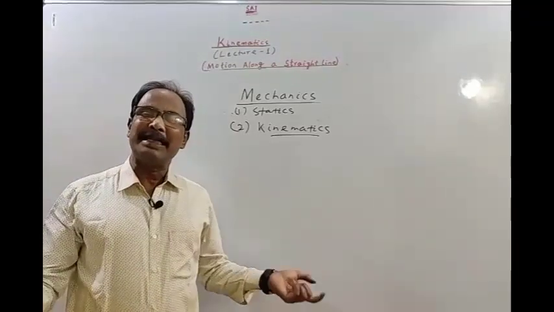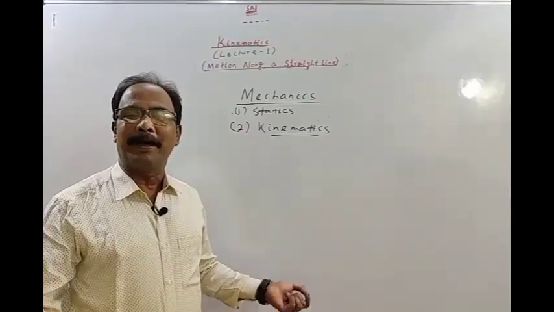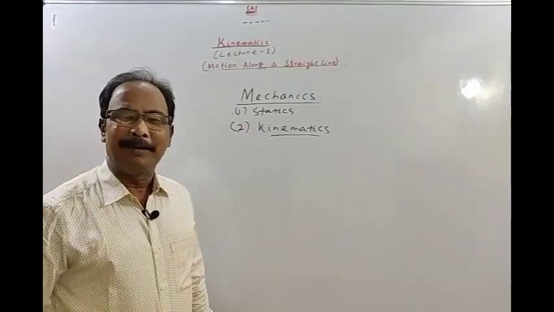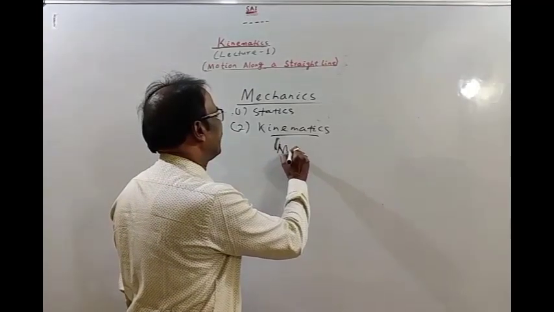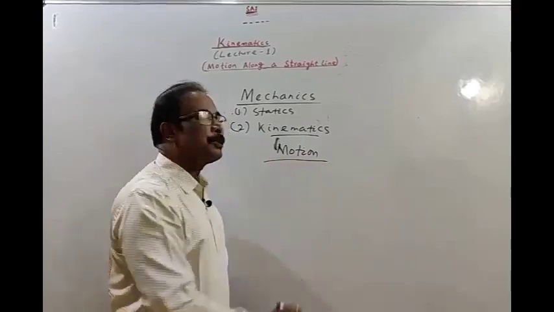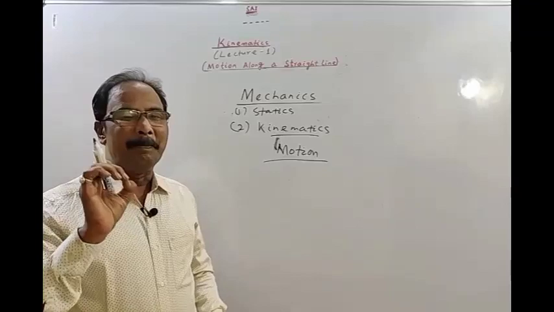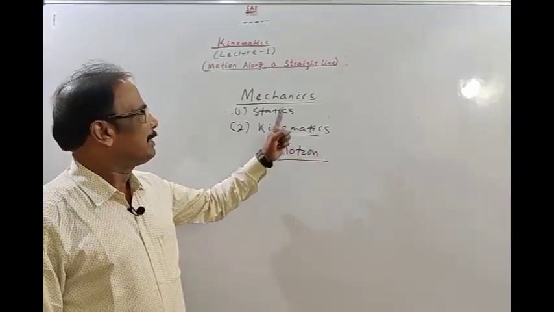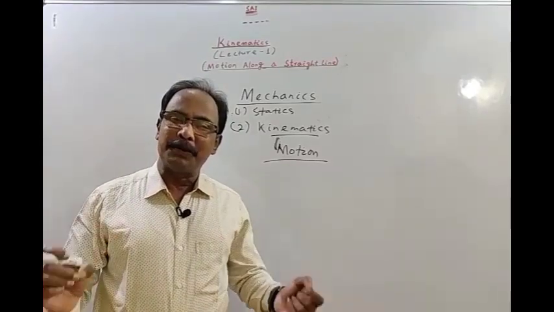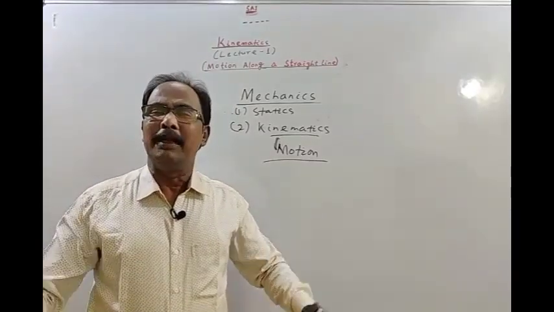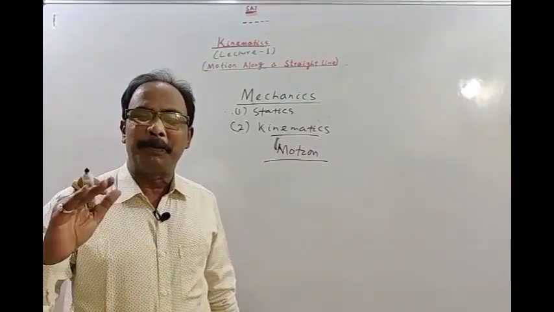Kinematics is the branch of mechanics which deals with the study of motion, but without considering the cause of motion. Kinematics is the branch of mechanics which deals with the study of motion, but without considering the agency which produces motion, or the cause of motion.